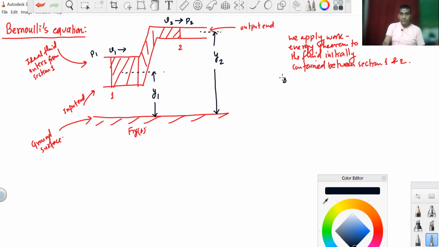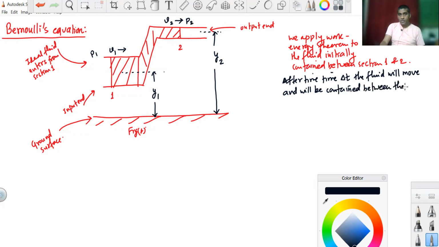Now after time delta t, the fluid contained between section 1 and 2 will move and will be contained between the sections, let's say, 1 dash and 2 dash.